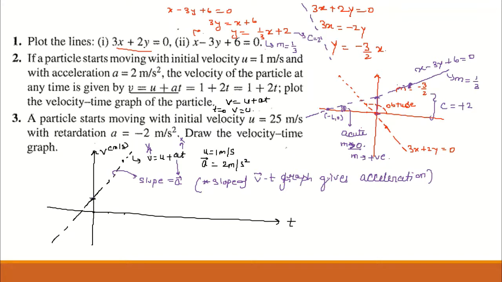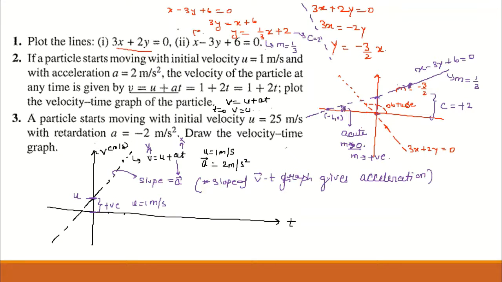Next, coming to the intercept, this is the positive intercept, which is known as the initial velocity, and that is 1 meter per second here. So this will be the graph for the second question.